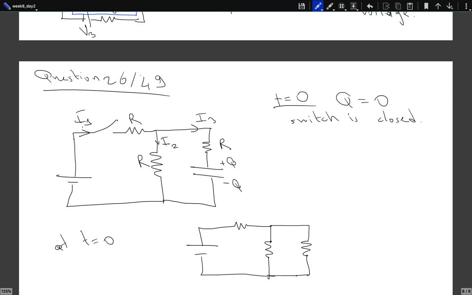The capacitor doesn't affect the current, since it cannot create any potential difference. But this circuit, let's say the EMF is E. This is R, this is R, this is R. This circuit is the same as this circuit.